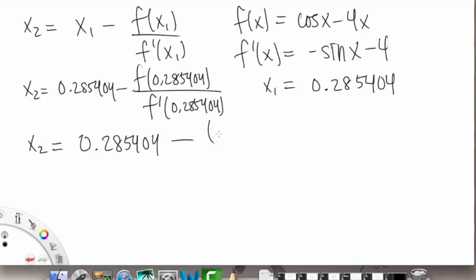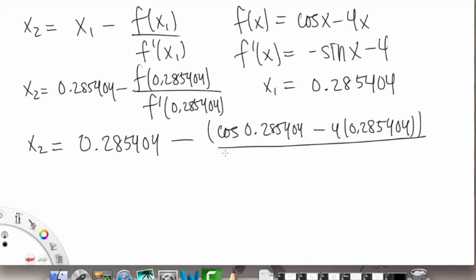So x sub 2 is equal to 0.285404 minus, and on top, if we plug that number into f of x, we get cosine of 0.285404 minus 4 times 0.285404. Again, this is quite lengthy, I apologize, but it's in the nature of the problem.